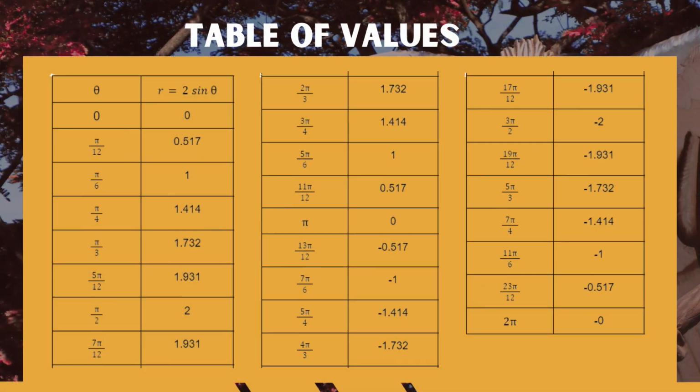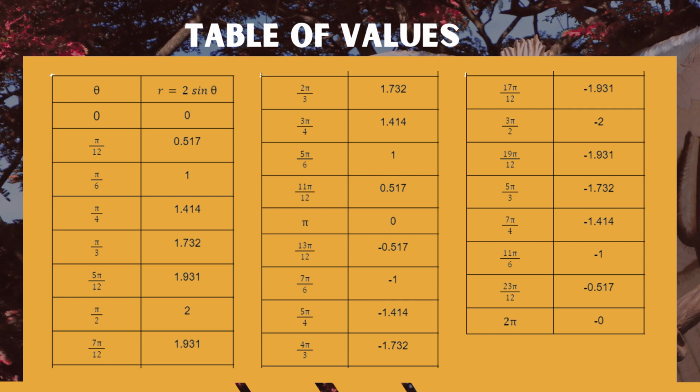For our table of values, for number 1, we have theta for our first column, and our second column is r = 2 sine theta. So we have to plug in theta to our equation. If 0, we will get 0.